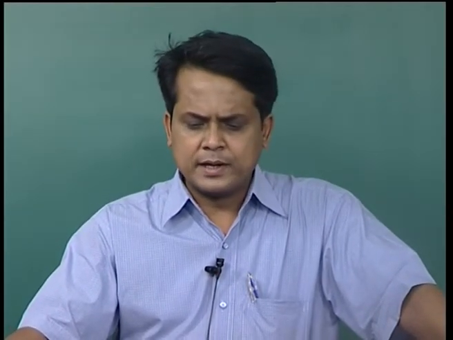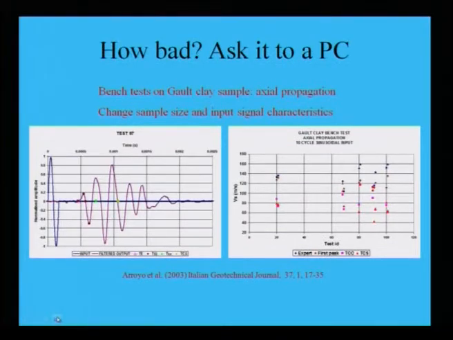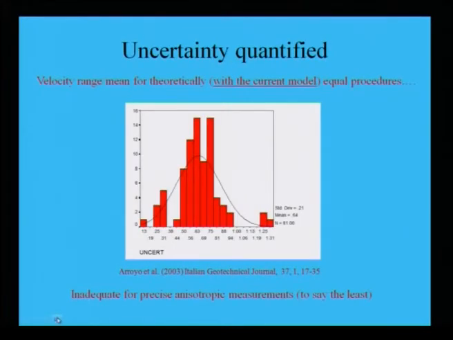If you look here, these are all your first peak, expert, TCC, TCS. Particularly this 10 cycle sinusoidal input, depending upon the sample size, the input signal also varies. Uncertainty quantified, velocity range and mean for theoretical with the current model.